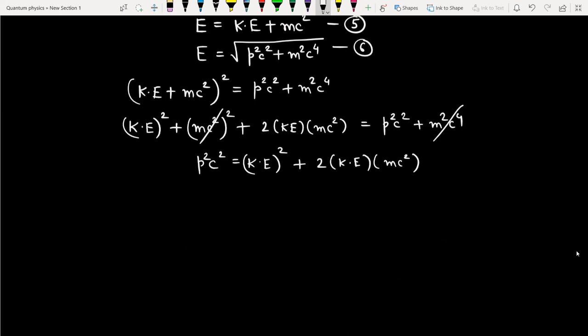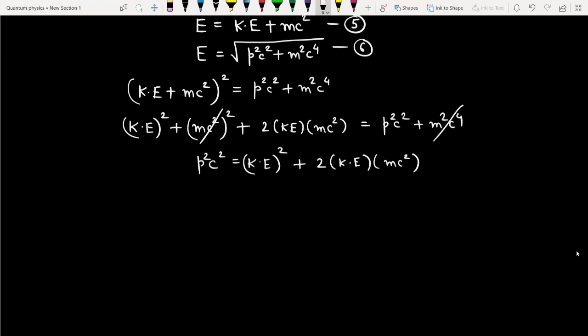You can pause this video to think about what is the kinetic energy of this particular scattered electron. Now if you go back a few frames, when I was introducing the Compton effect, I told you what the source of this kinetic energy of the electron is.